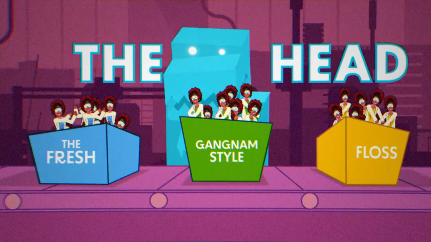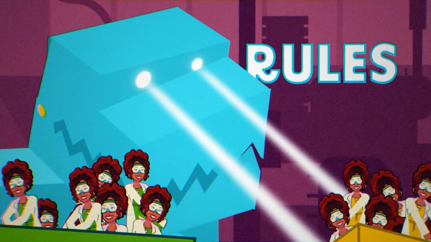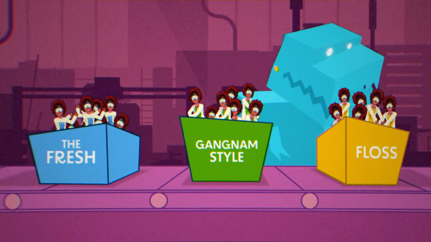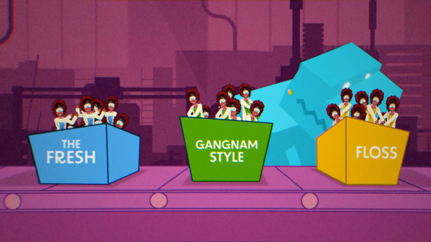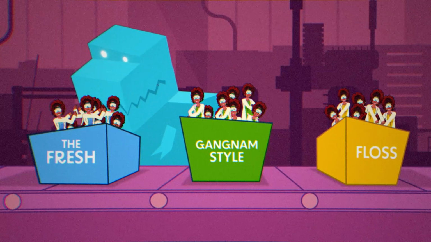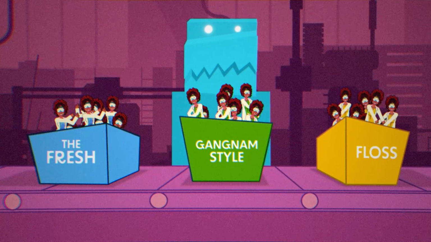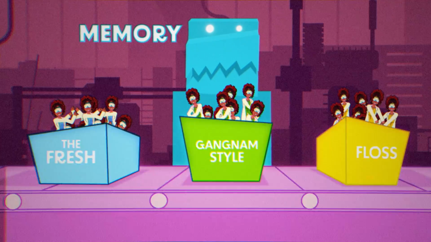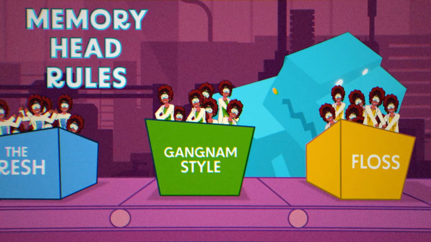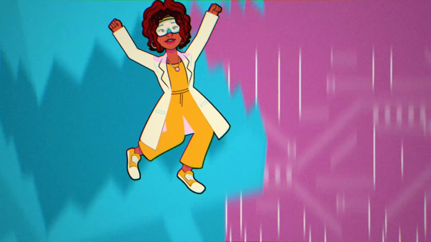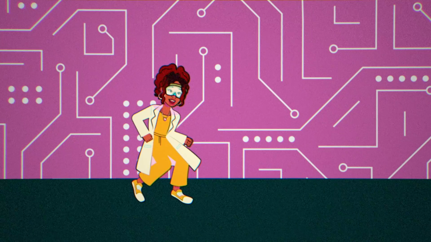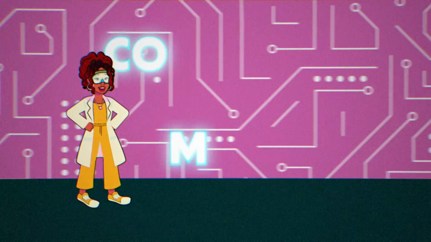The head has its own little guidebook of rules. So when it checks a bin, it knows exactly what to do. Maybe switch the symbol or slide to the next bin. That rule book, that's the program telling it how to move. These 3 parts, the memory, the head, and the rules, are the essentials of any computer. So, if a process can be broken down and explained using just those 3 parts, then guess what? It's computable.